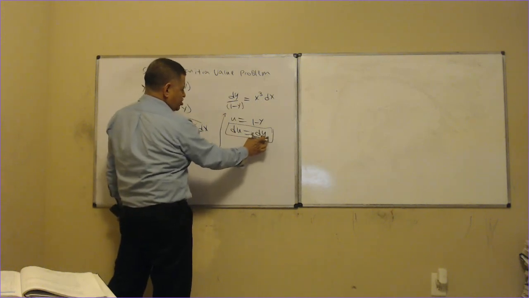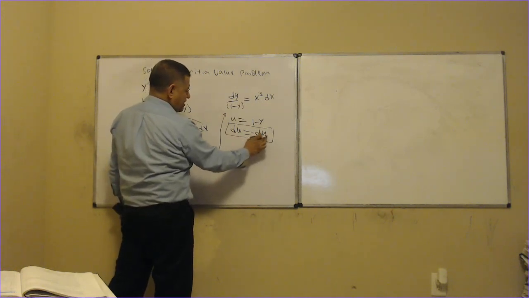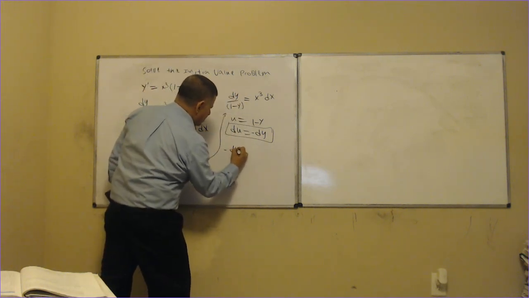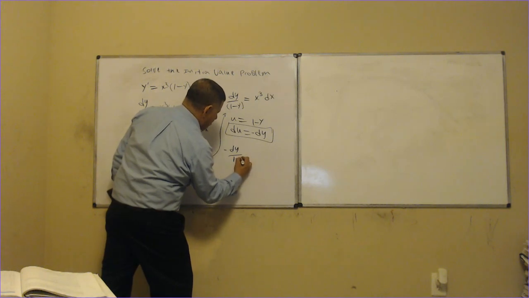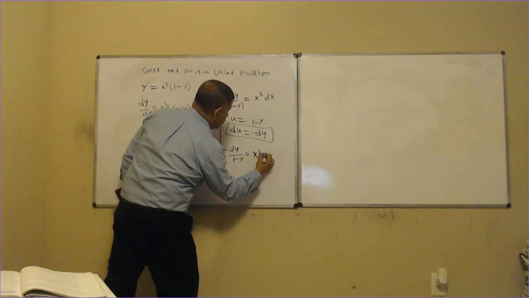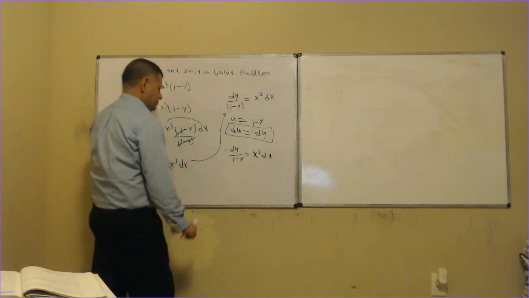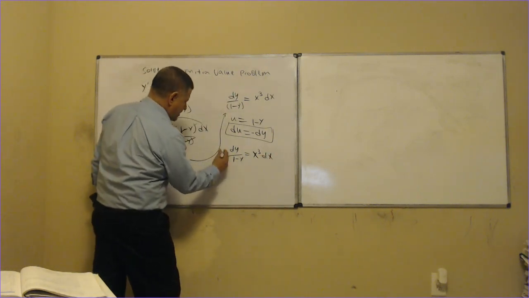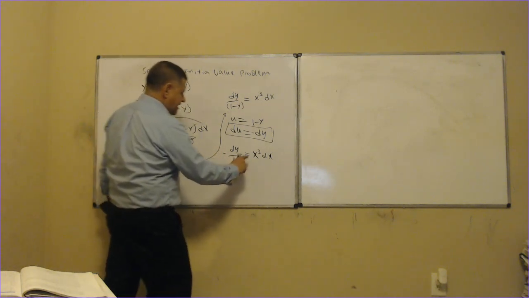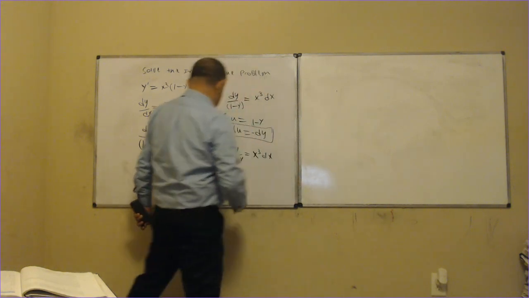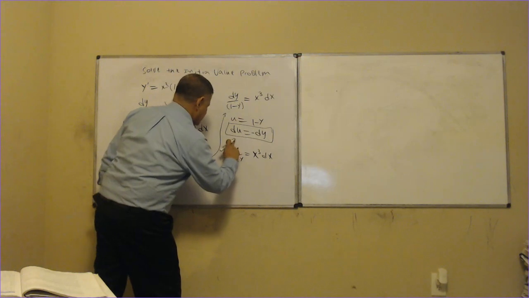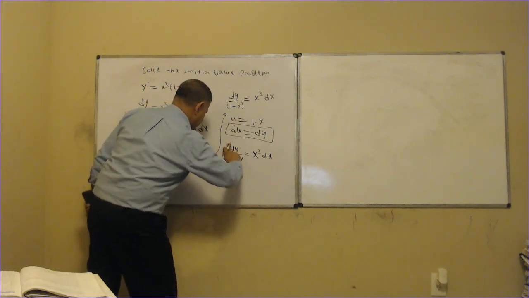I know that the change is just the sign on the dy, so I can say negative dy over 1 minus y equals x cubed dx. All right. So now what I can do is take the integral of that on both sides, right?